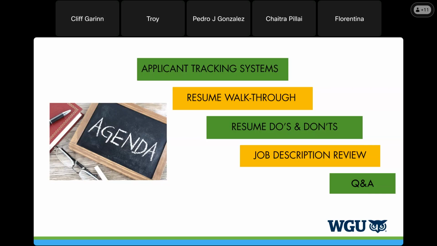Job descriptions are really important, and they're important for two purposes. The first purpose is it's the only way you're going to know what the employer wants to see on your resume. Do not write a resume blind. What I mean by that is don't just write a resume without knowing who your audience is. Where is it going?